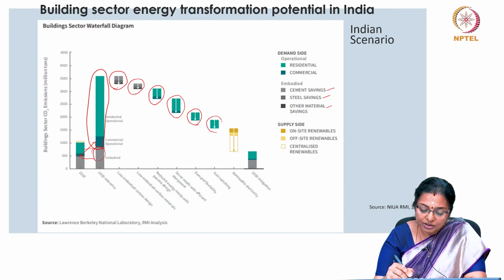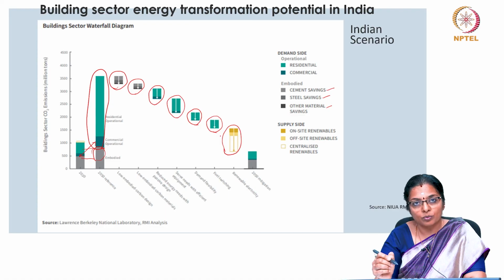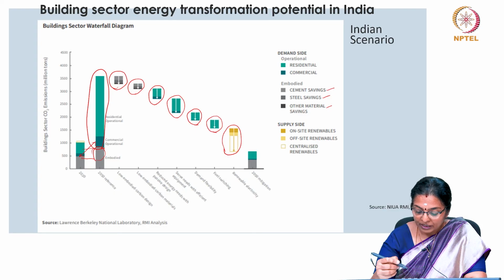Switching to greener sources of fuel is another way, and falling back on renewable electricity will also bring down our energy demands and operational energy demand, and hence operational carbon emissions.